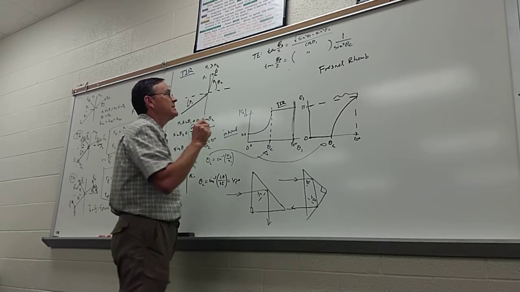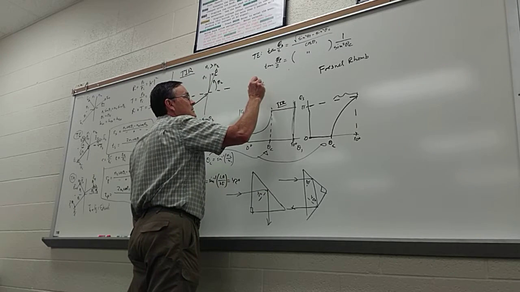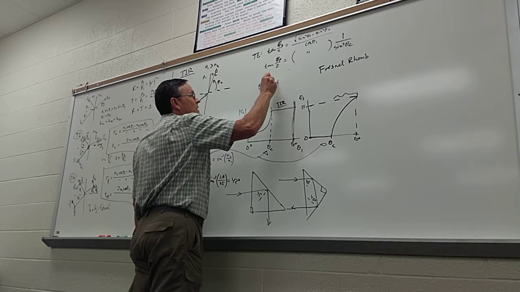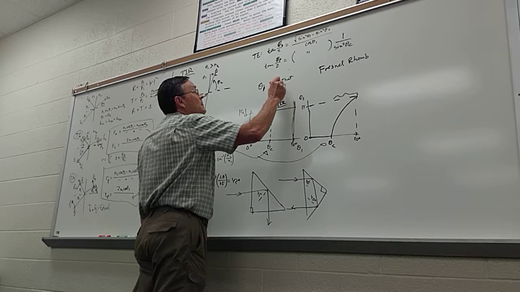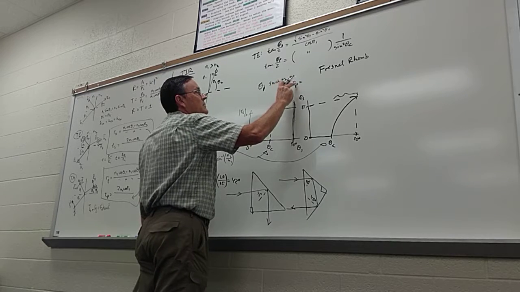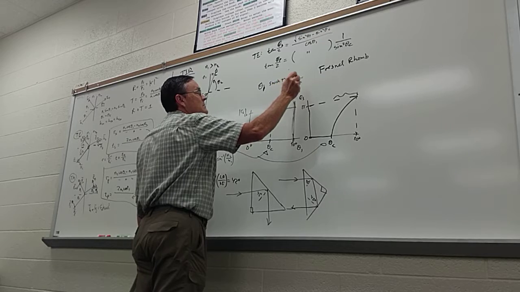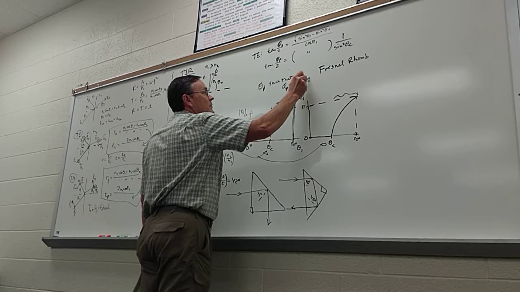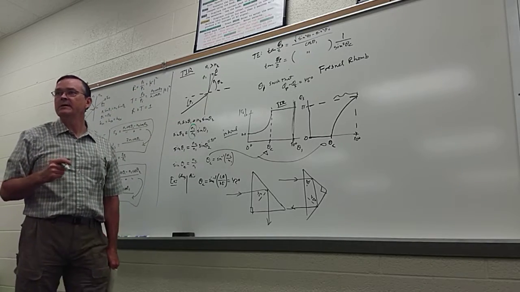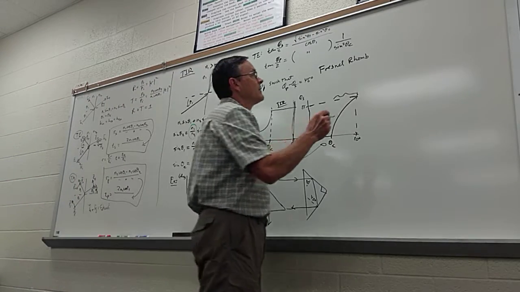If I could find an incidence angle, so theta 1, such that Vp minus Vs is 45 degrees, and it turns out I can, then what I could do is the following.